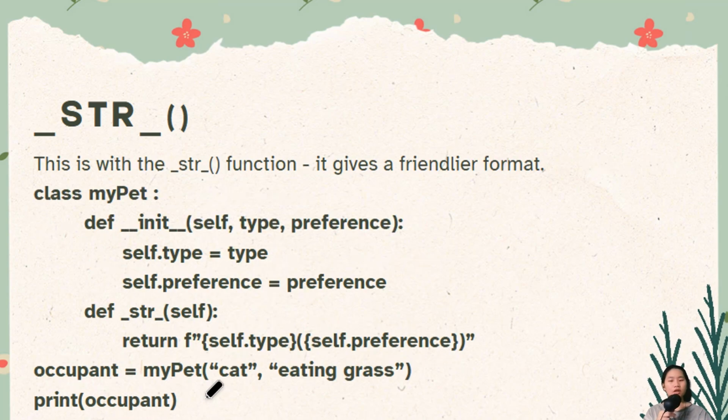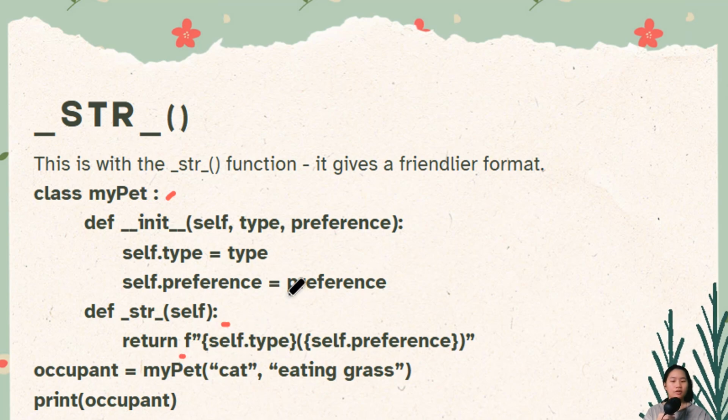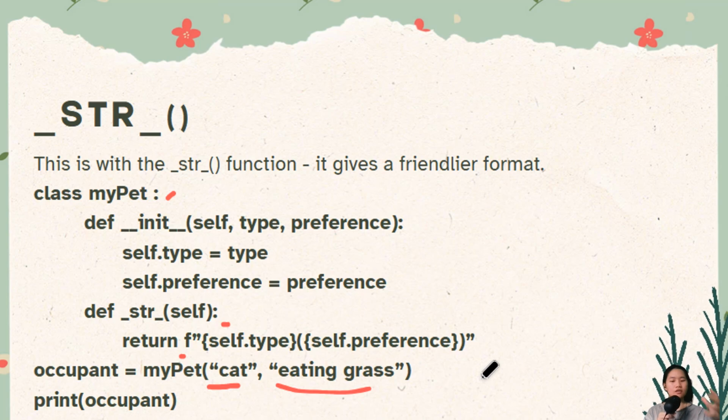Now, let's try it with the string function. Same class, self, type, preference. Now, we have the string function, self. Once again, self in reference to the object that we're creating here. Return an f for format, okay? We have self.type, self.preference, meaning we want to print this part that we've passed in as well as this part as the format.